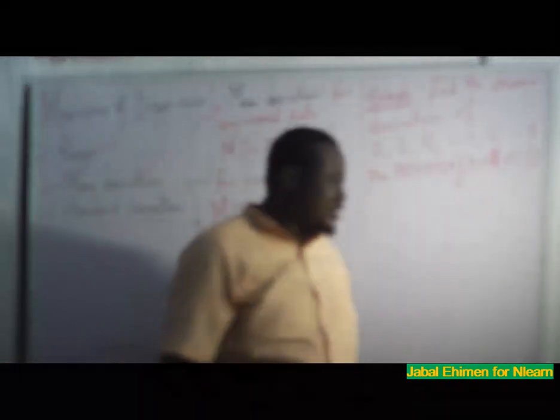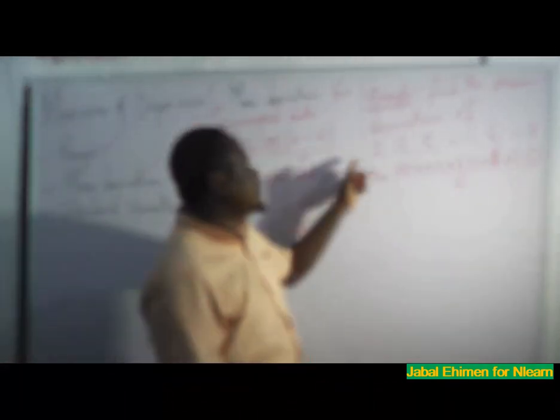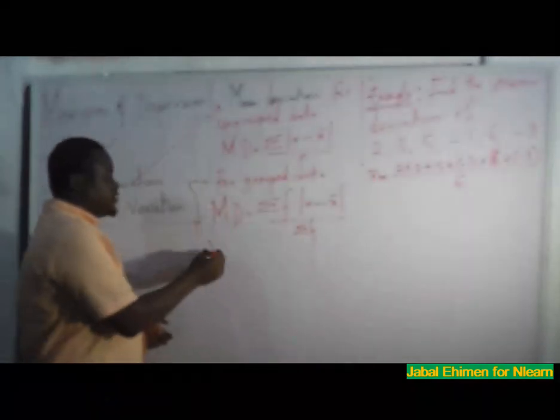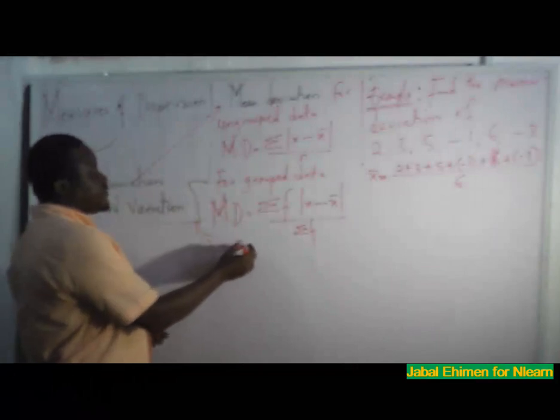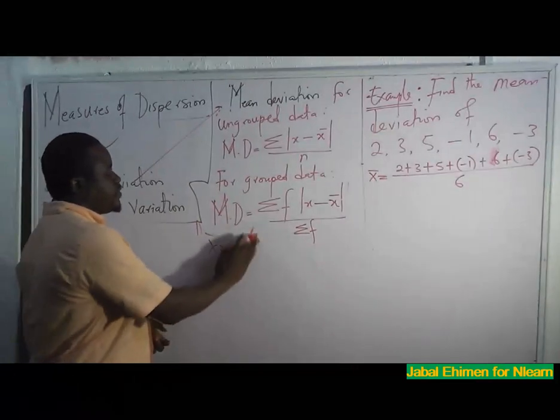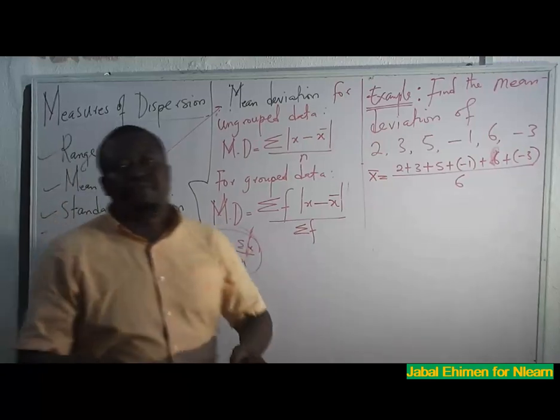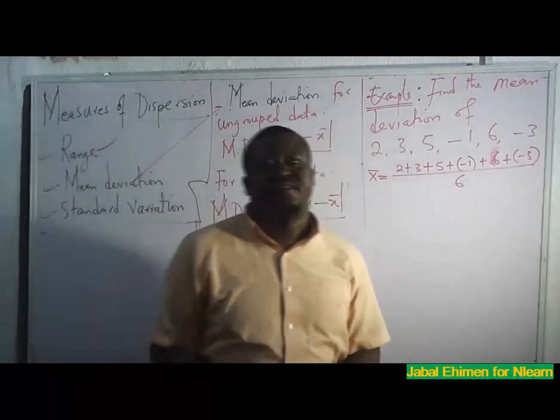So the total number is 6. It is the same thing as for a mean, which is x bar equals Σx over n. That's for the mean of ungrouped data.